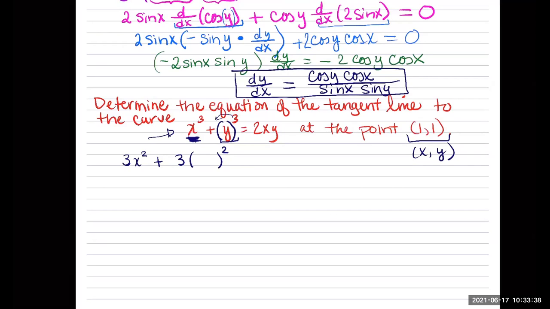And then we have to evaluate that at the inside function. So our inside function is y. And then we multiply that times the derivative of the inside function. And the derivative of y is dy/dx. So we took the derivative of the outside function, evaluated at the inside, times the derivative of the inside.